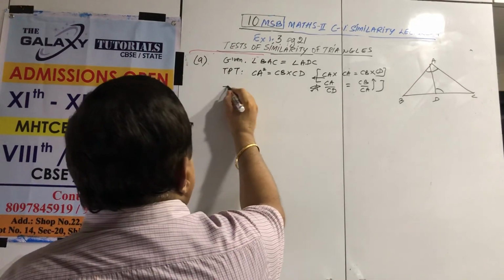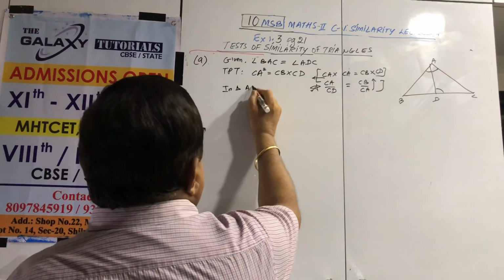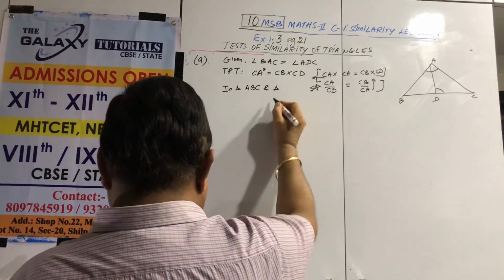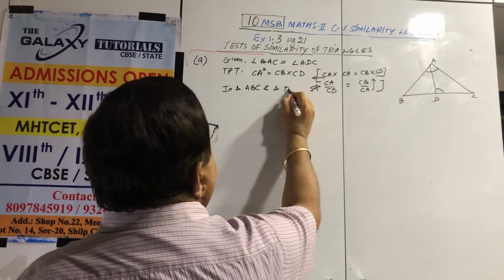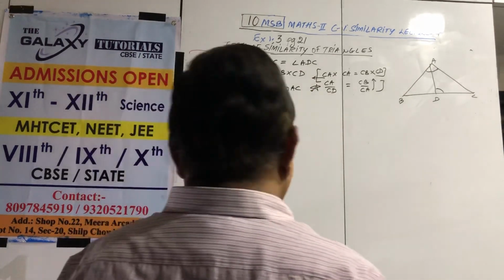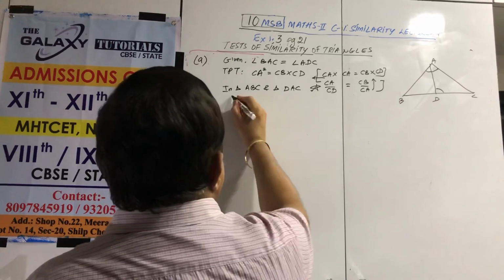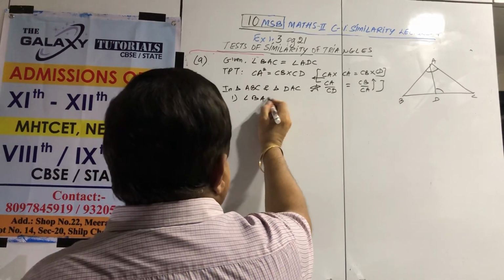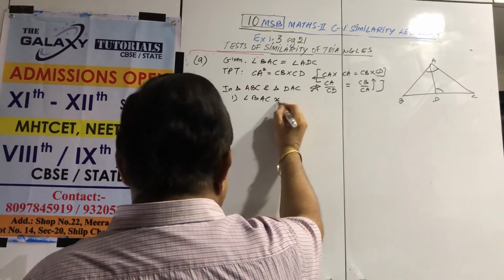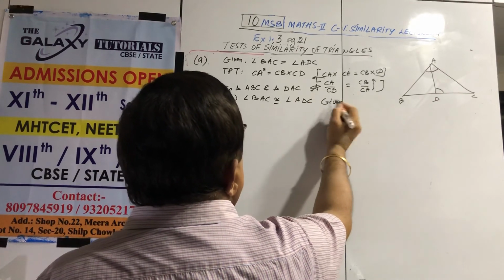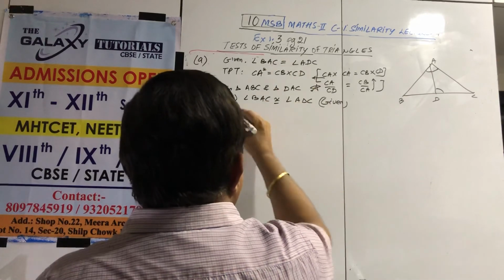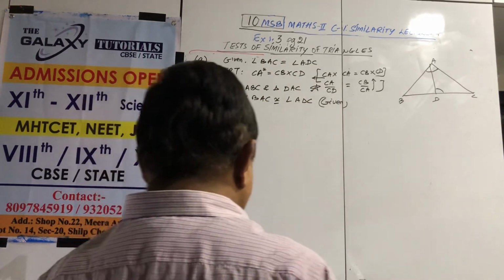In triangle ABC and triangle ADC, or DAC, going in order. First, angle BAC is congruent to angle ADC, given. They have given us that already. If measures are equal, angles are congruent.